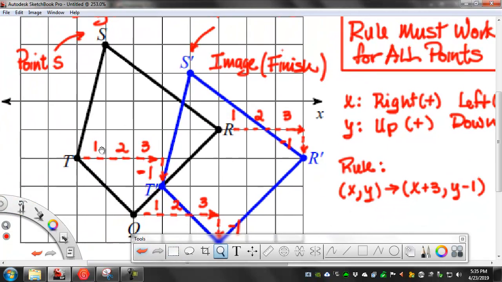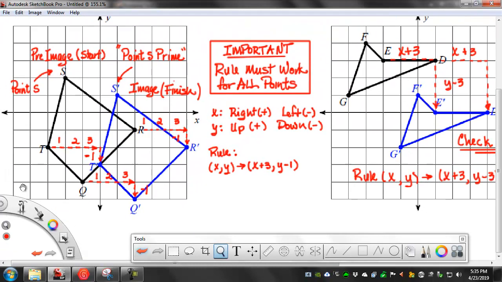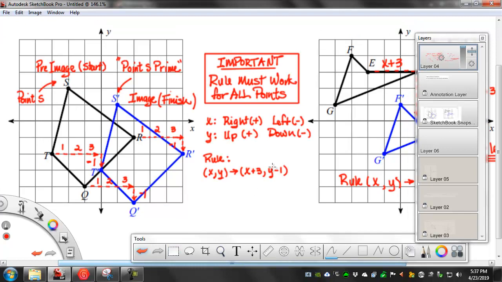So when you see two figures, and you see S and then S prime, what we're trying to tell you is that we're starting at S, and the translation of the original to the new one. So here's where we start, this is where we finish. It moves right 3 places and then down 1, minus 1. So that's the rule that we're learning how to write.